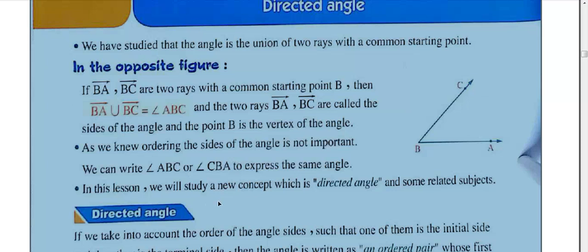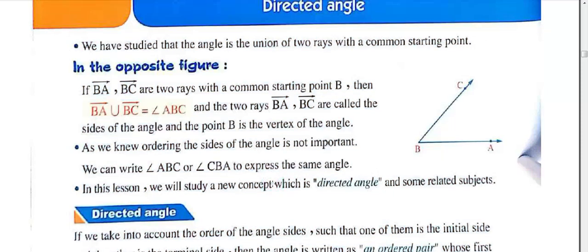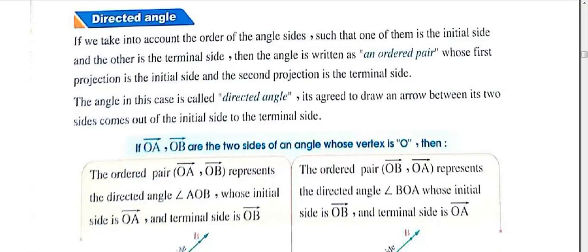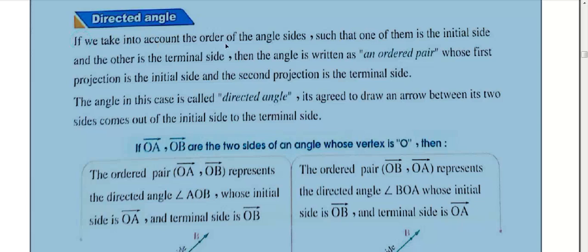In this lesson, we will study a new concept which is called directed angle and some related subjects. What about directed angle? If we take into account an order of the sides of the angle, such that one of them is the initial side and the other is the terminal side, then the angle is written as an ordered pair, whose first projection is the initial side and the second projection is the terminal side.